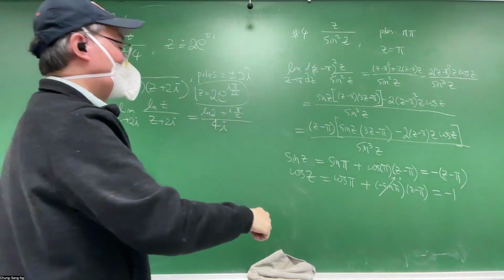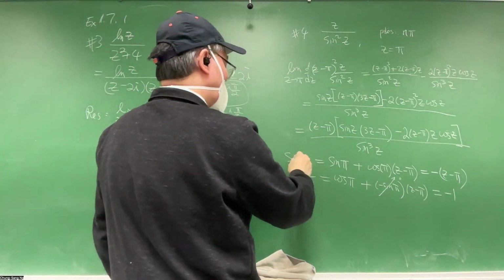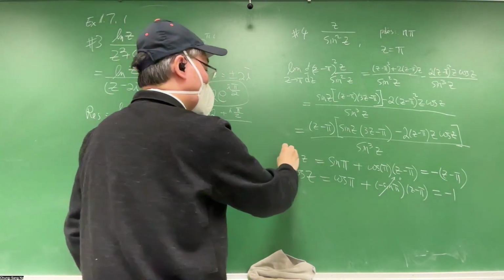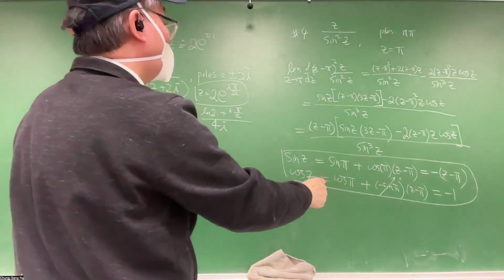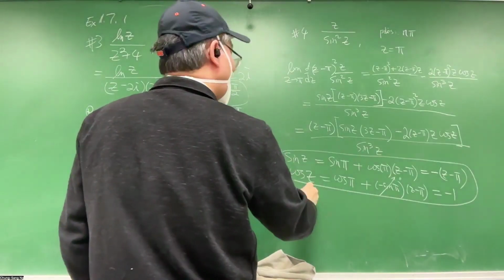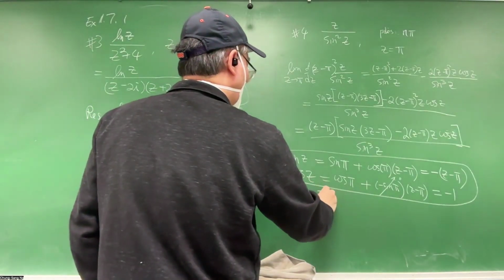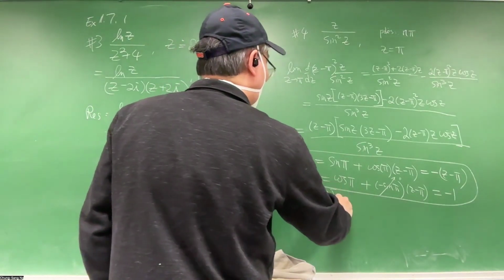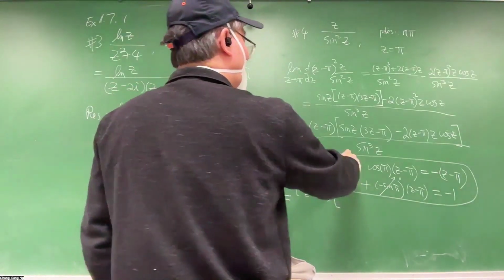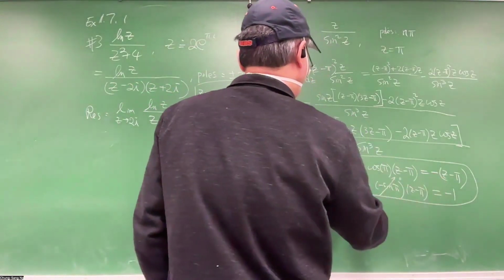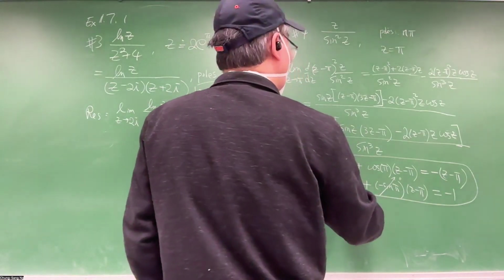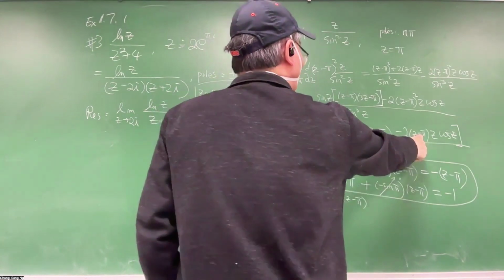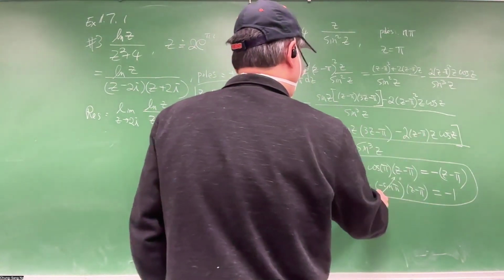Now let's see if we have enough to go back to here. Now (c minus pi), and that is minus (c minus pi). Or you can take another factor out.